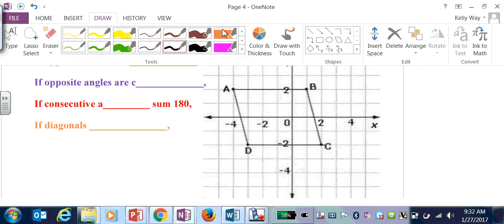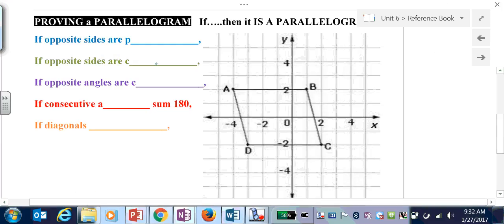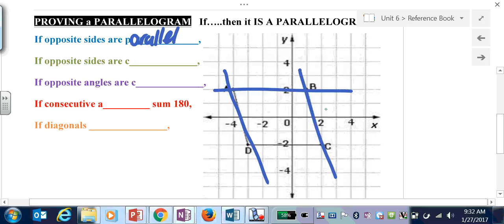So we know this. If opposite sides are parallel. So here we are. If you could show that opposite sides are parallel, then you have yourself a parallelogram.